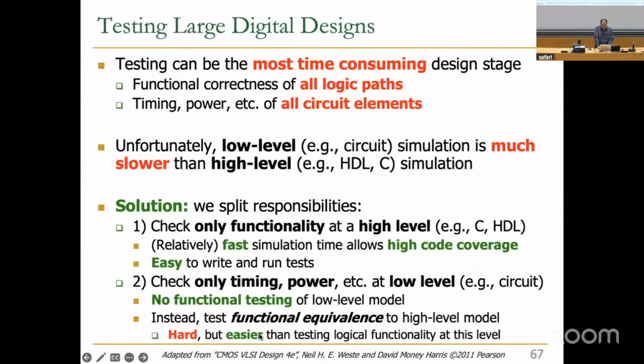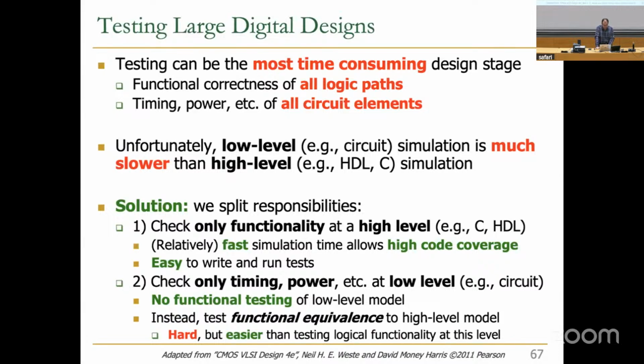So we test the functional equivalence of our circuit to the high-level model of the circuit that we have. And for that, there is also some theoretical foundation that people are following, meaning that if you follow the principles well and write good HDL code, I mean, your code is synthesizable, then the gate-level synthesized version of that, or even the transistor-level version of that, would work the same, in terms of functionality.